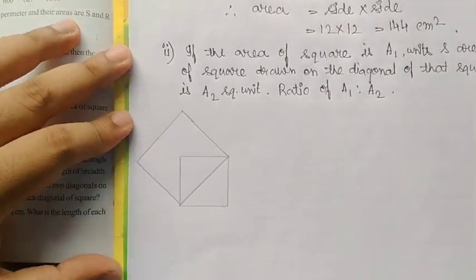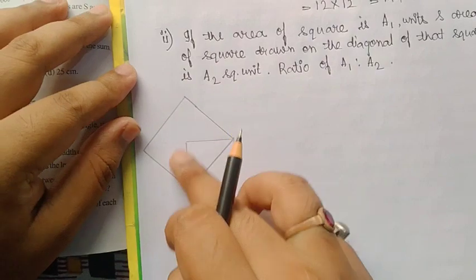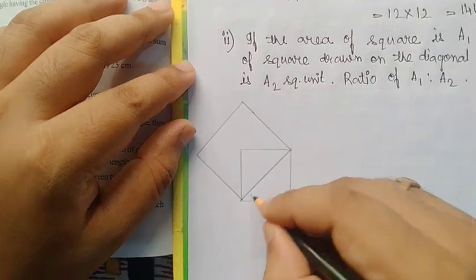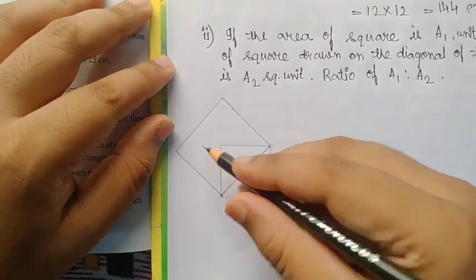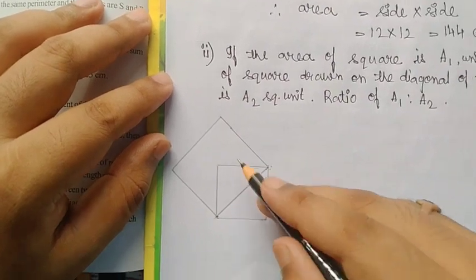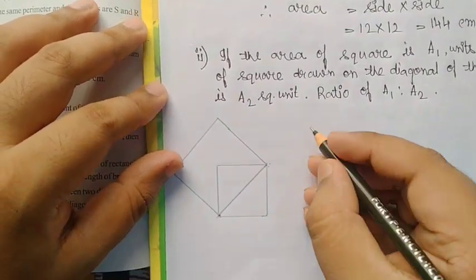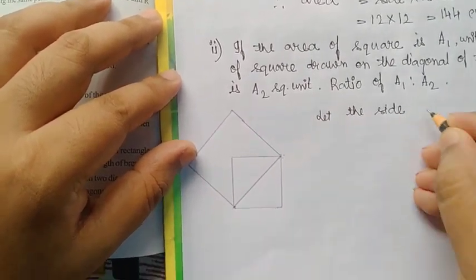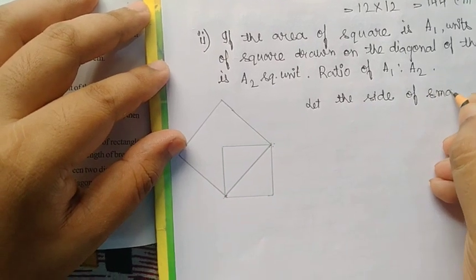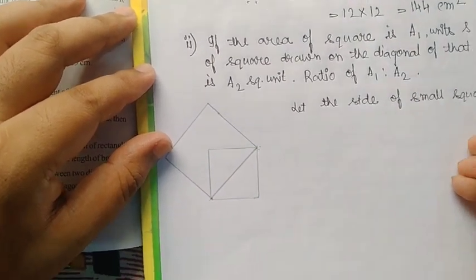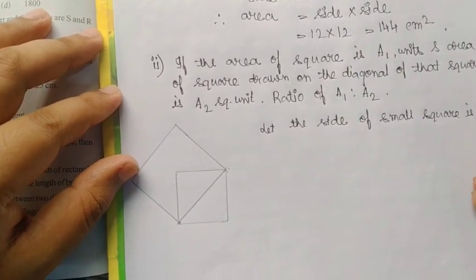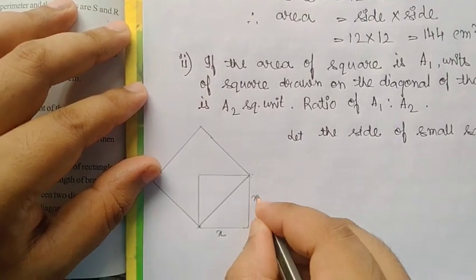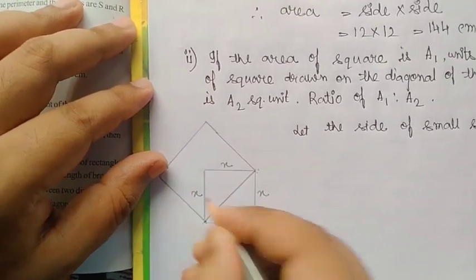First, it's a small square, and in this small square the diagonal of the small square is the side of another square. So we have to find the ratio of these two squares. So first let the side of the small square be x centimeter. So we're gonna take this side is x, this side is also x, this side is also x, so this side is also x.